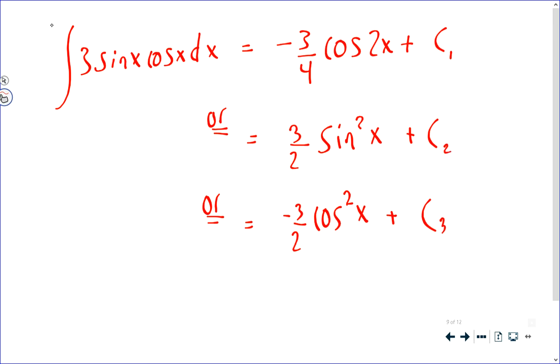If you graph these 3 functions, you will discover that they are all identical in shape, except that they are vertically translated compared to each other. And if we were in class, I would do this and I would show you the 3 graphs. But the bottom line is they're all the same answer because they all have different constants being added at the end, which means they all have the same derivative.